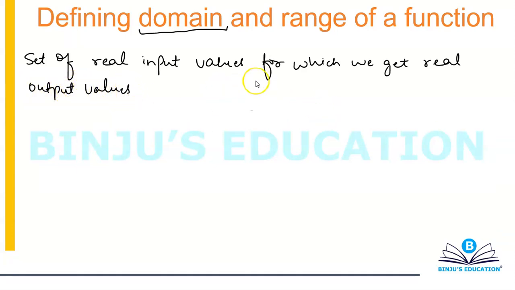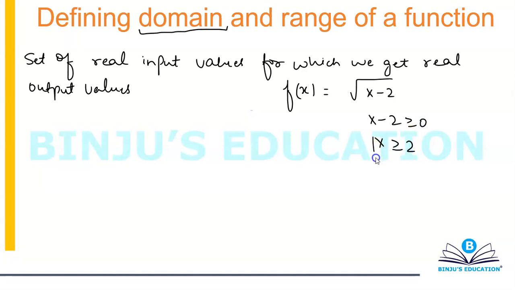We took a couple of examples also. Let's take one now. For example, the function f(x) = root of (x minus 2). Whenever you talk about a function, the expression under the root can never be negative. So I need to ensure that x minus 2 is always greater than or equal to 0, which means x should always be greater than or equal to 2.